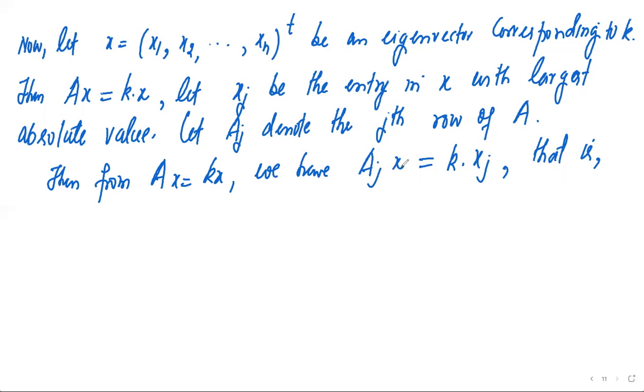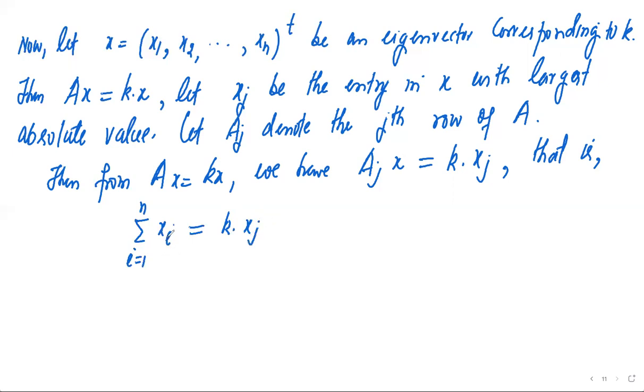So Aj x means the summation over xi, where the sum runs over all vertices vi which are adjacent to the vertex vj. So we have the summation of xi, and this is equal to K times xj.